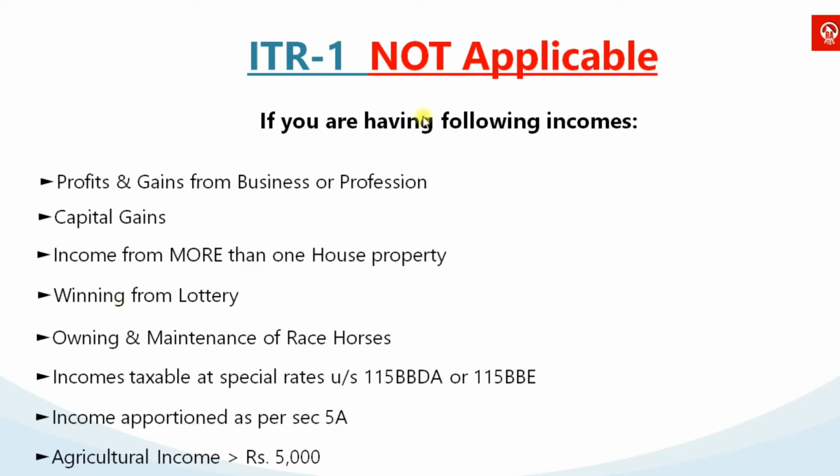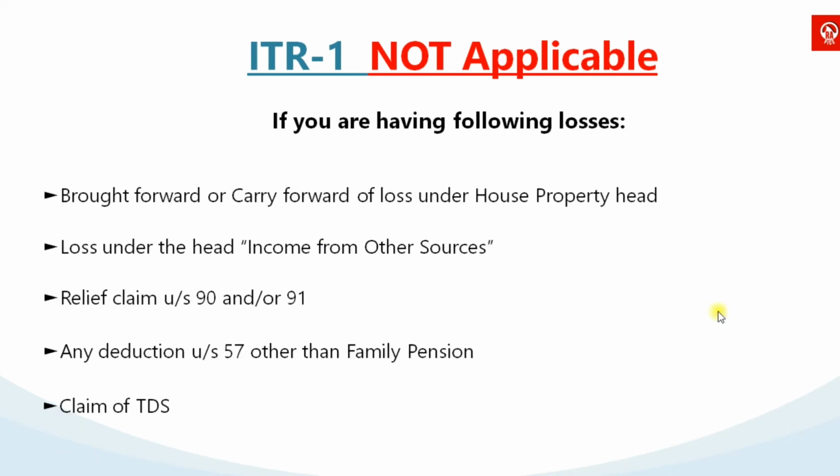That means if you are having all these or any of this income, then you should not use the ITR1 form for your income tax filing. Then coming to losses, if you want to claim the following losses, again you should not use ITR1.